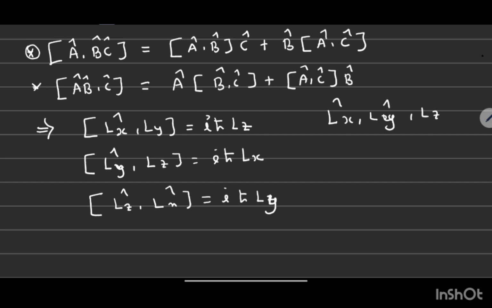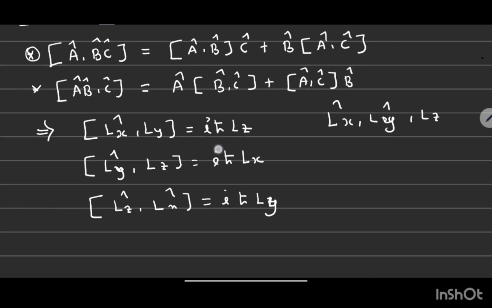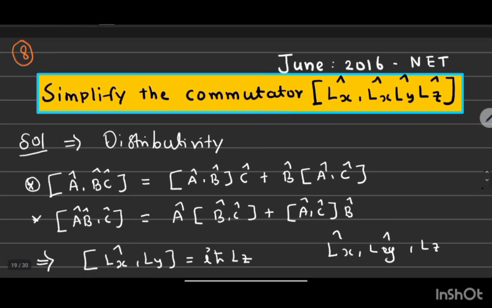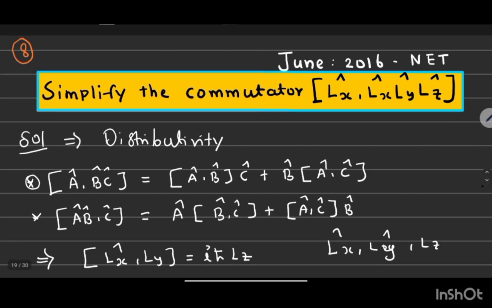If there is any change in this order, then there will be a minus sign. So using this property, at first using the distributivity property, one can write the given commutation relation in the following way.